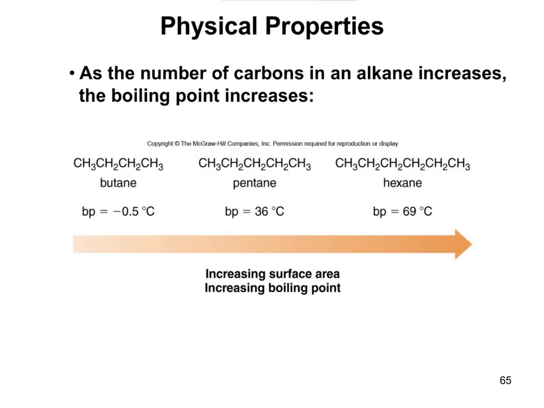I mentioned before that as the number of carbons increases, they're more likely to be liquids. That's the same thing this slide is showing, where as you have more carbons, the boiling point increases. So butane, pentane, and hexane. Butane has a boiling point of negative 0.5 degrees, which means at room temperature, like 20 degrees Celsius, it would actually be a gas.